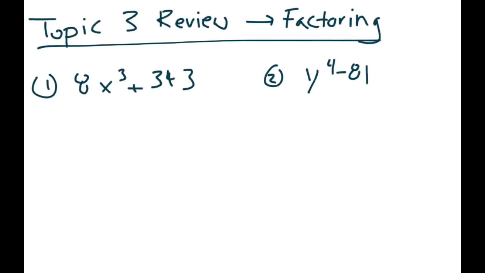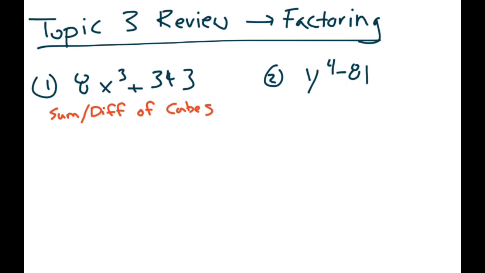All right, factoring review. So this first one, we need to determine what method we're going to use. We are going to use the sum/difference of cubes, because these are two perfect cube numbers.